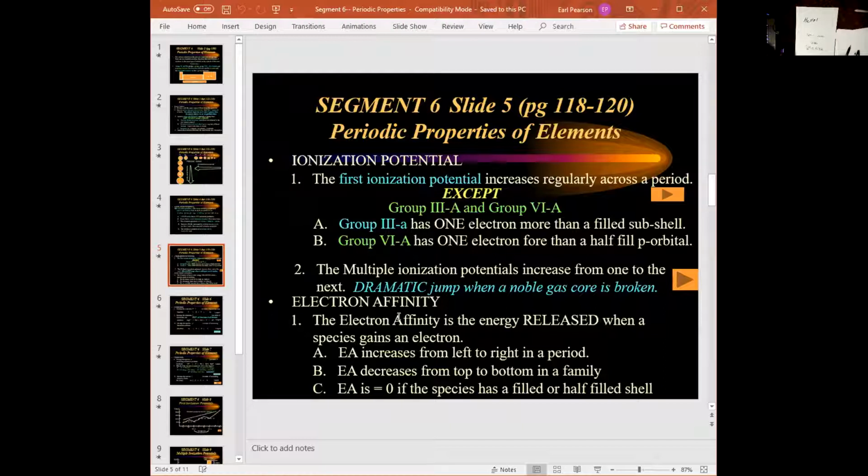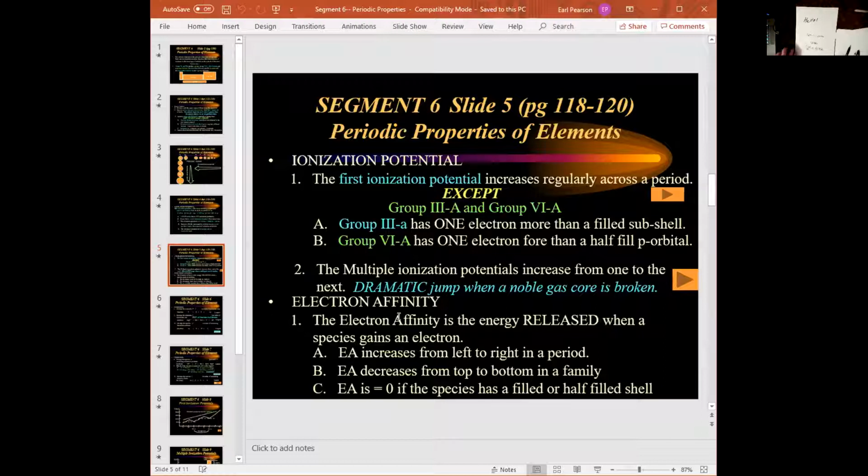But it would have to pair up with one of the electrons that's already there, and those 2 electrons would repel each other. And so the experimental value for the electron affinity of nitrogen is 0. It will take that electron. You can make it happen, but it's not going to give you any energy back for doing it.